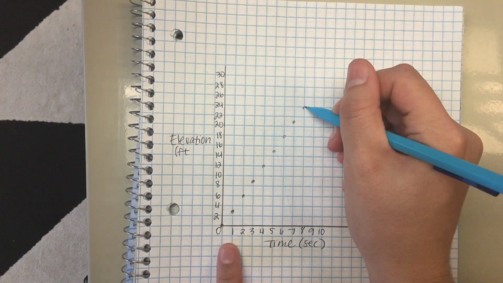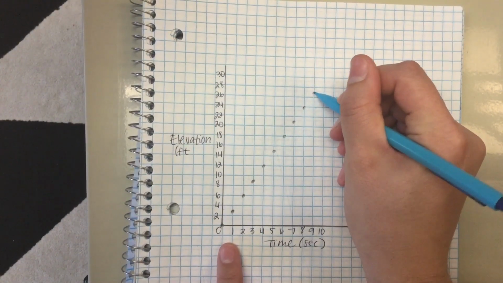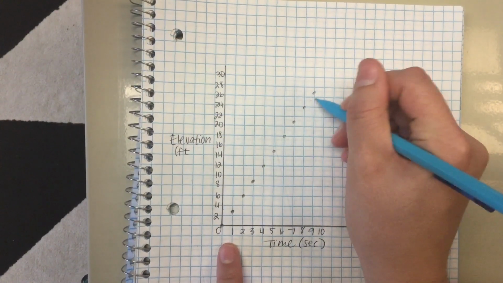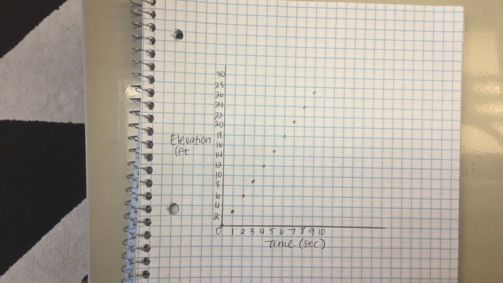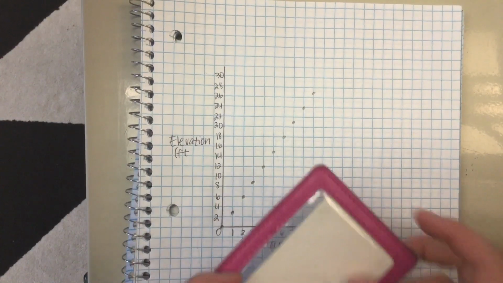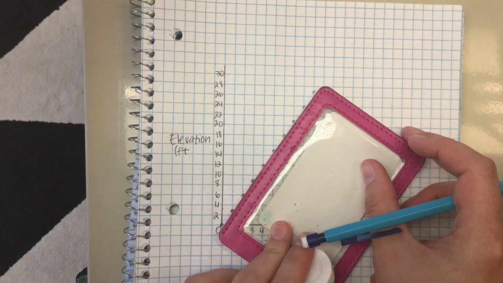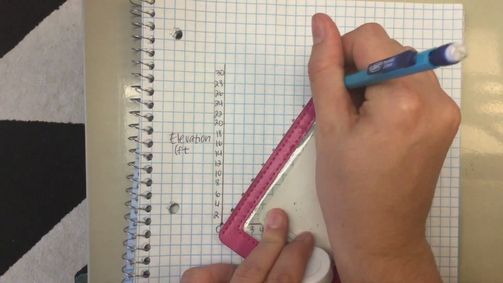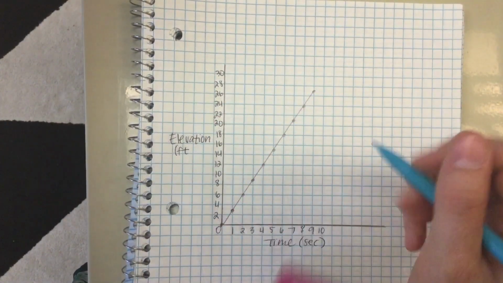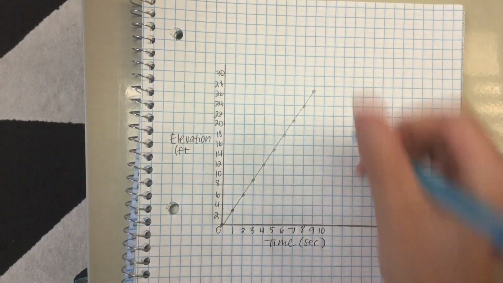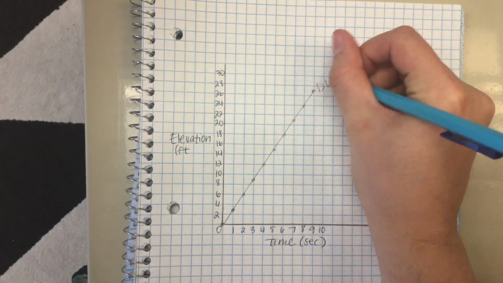And the next should be, he should be at the top of the ramp somewhere in between here. So I'm going to go ahead and use a straight edge to connect those points. Perfect. So that's Duke, and I'm going to go ahead.